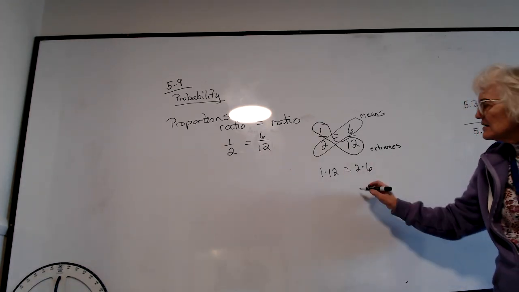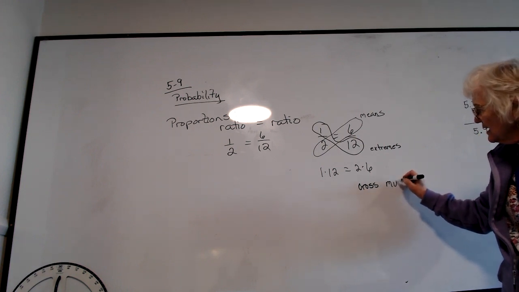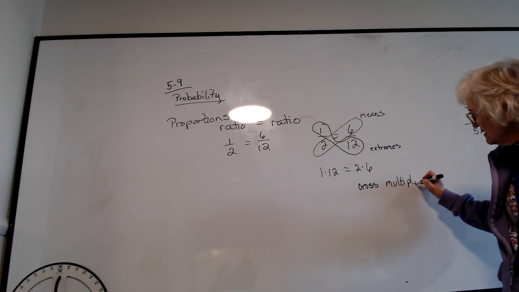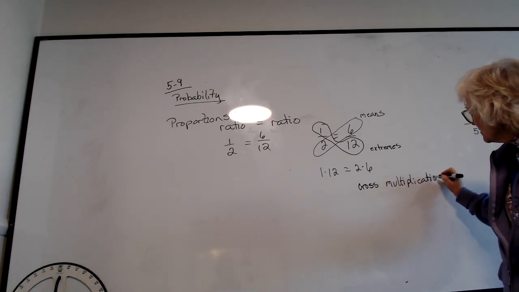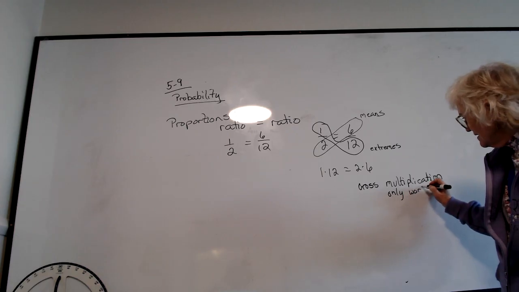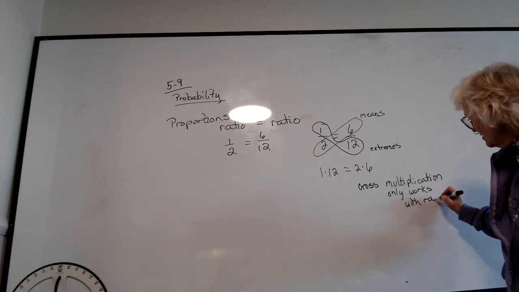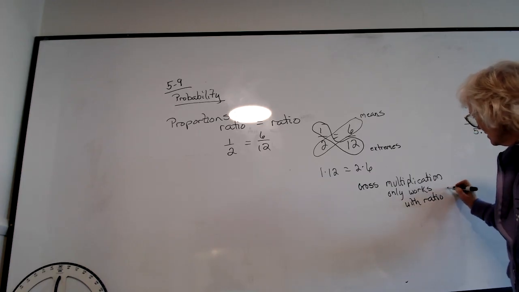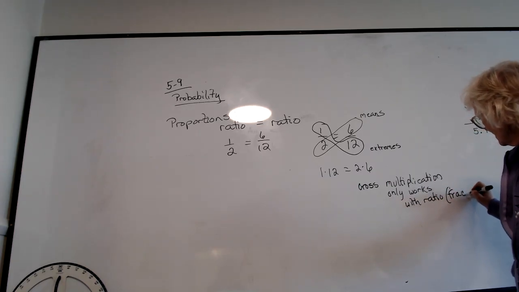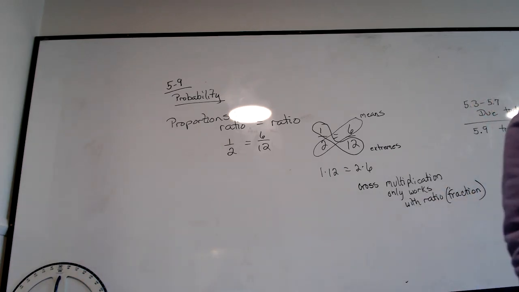But I call it cross multiplication. Cross multiplication only works with ratios or fractions, when one fraction is equal to another fraction.